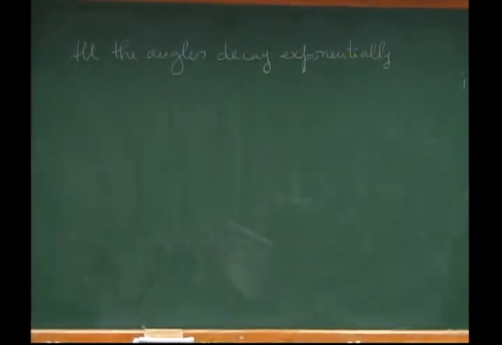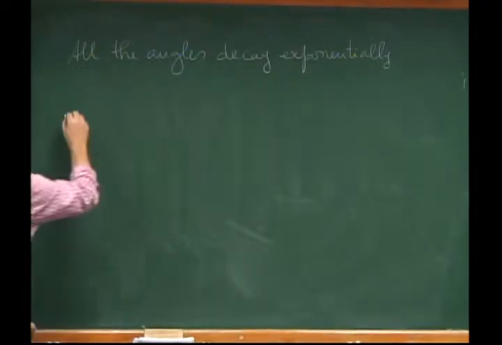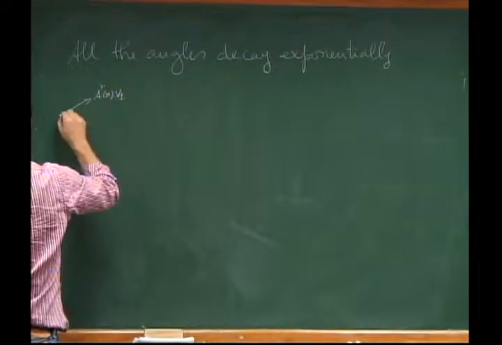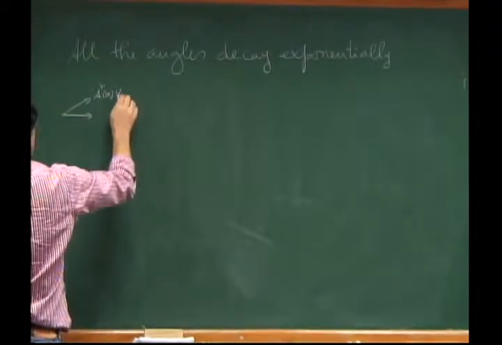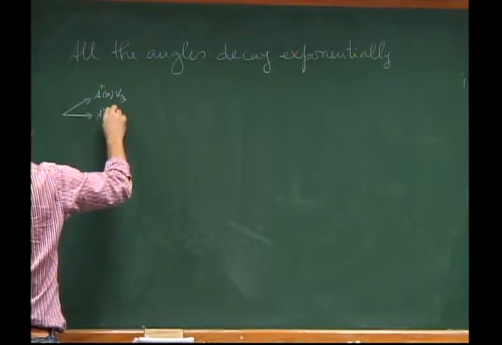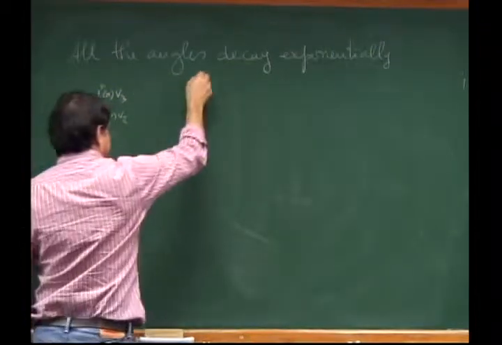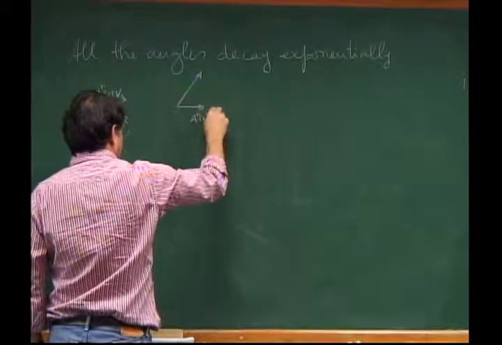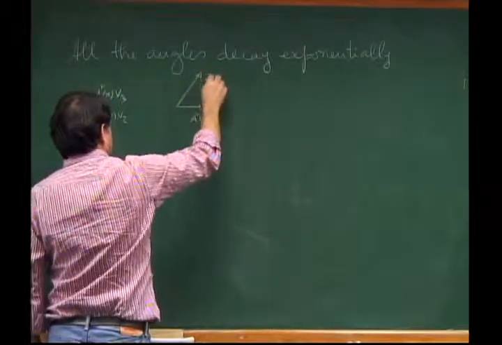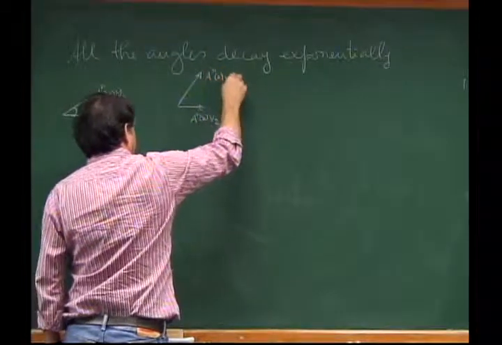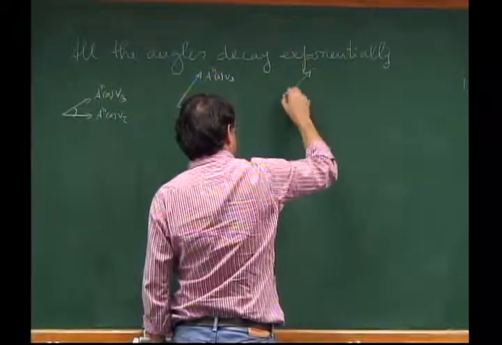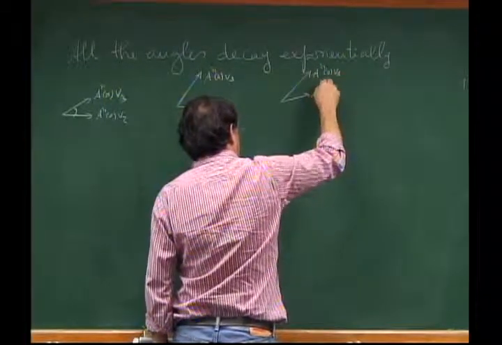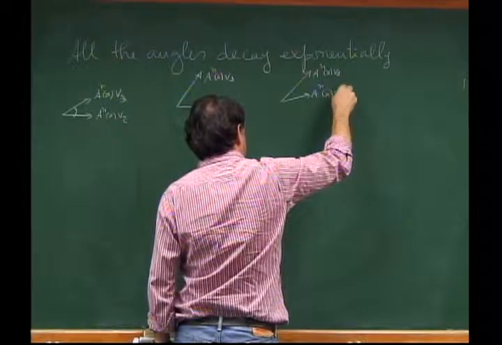What do I mean by all the angles? In this example, I mean the angle between A^n x v1 and v3 and v2, this angle, also this angle, also this angle, but not only that, any possible angle that you can think of.